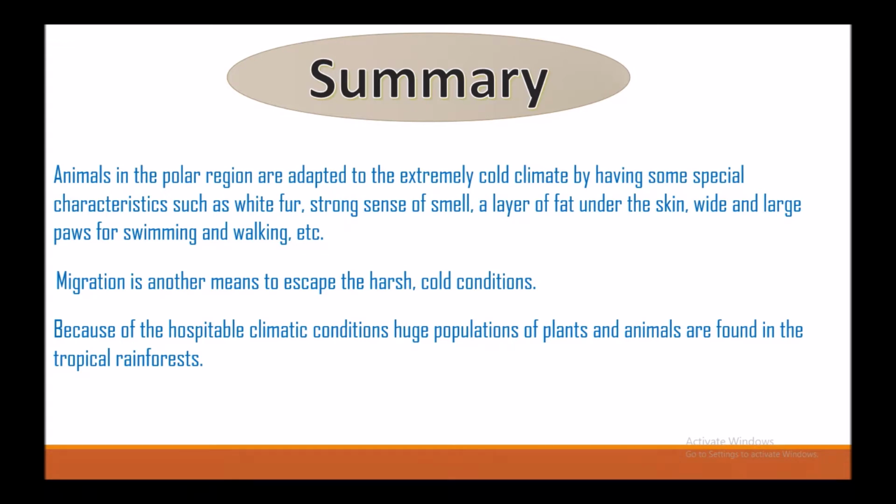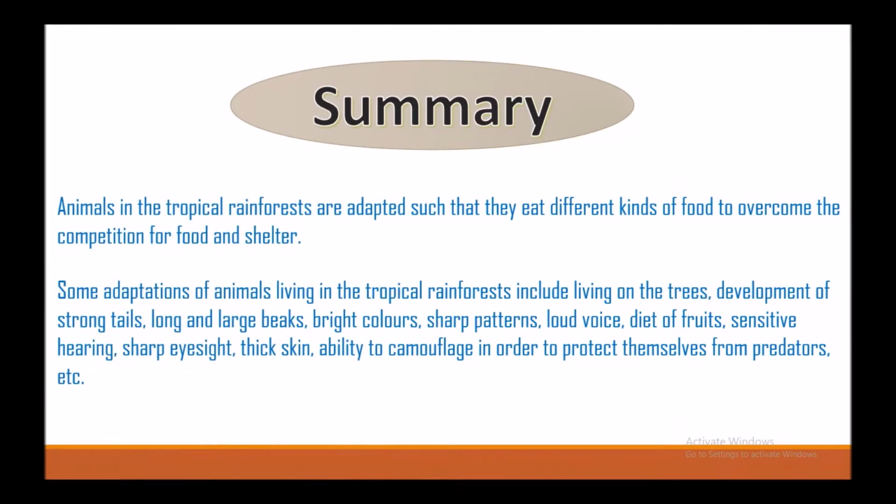Because of the hospitable climatic conditions, a huge population of plants and animals is found in the tropical rainforest. Animals in the tropical rainforest are adapted such that they eat different kinds of food to overcome the competition for food and shelter.